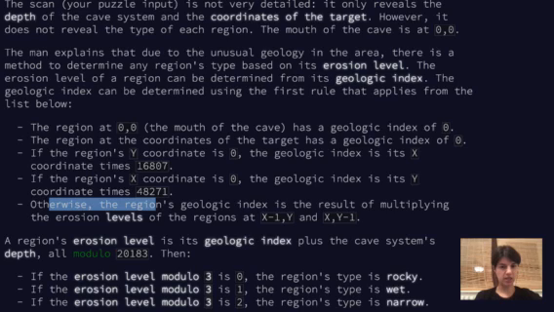Alright, so erosion is whatever this geologic index was plus the cave's depth, all modulo 20183.